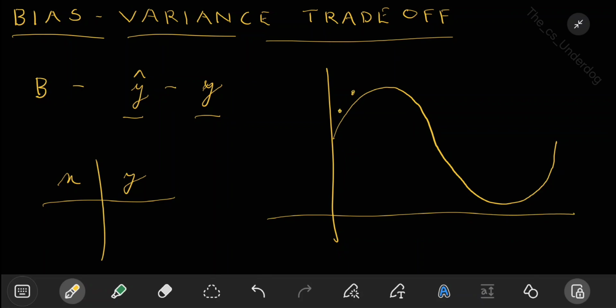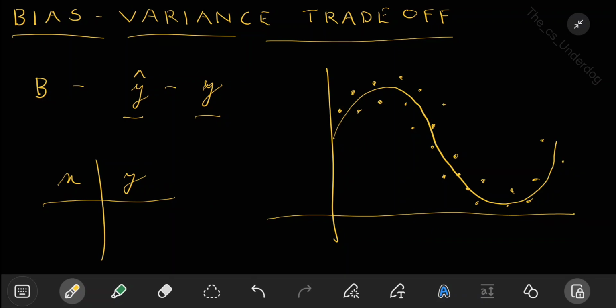Let us say these are the points that I have. So the points will be slightly here and there from the actual function. Every point won't be exactly on the line, but there will be some points which are on the line as well.